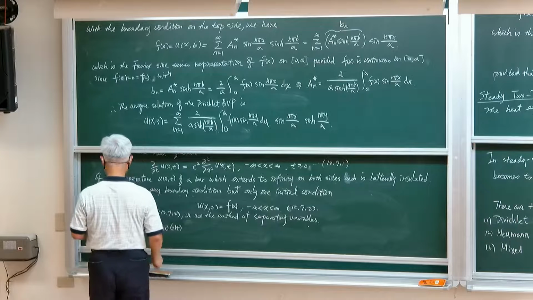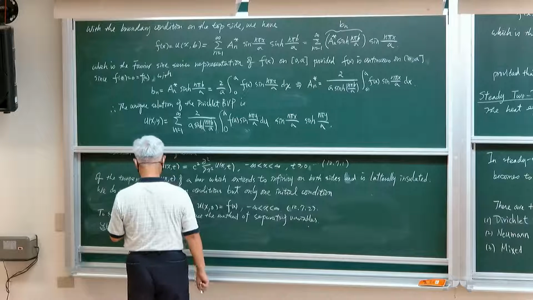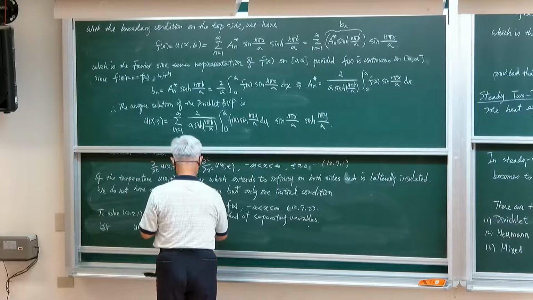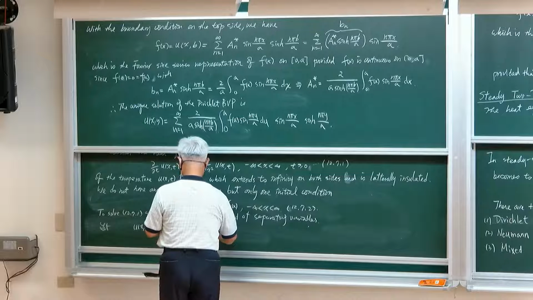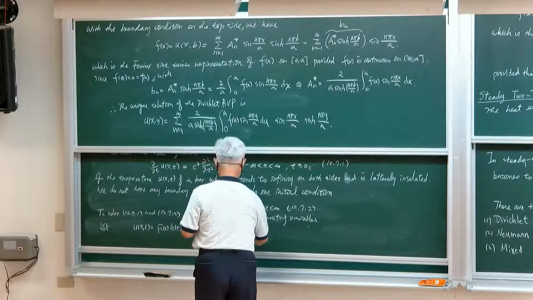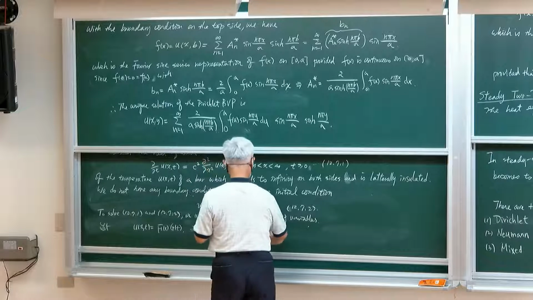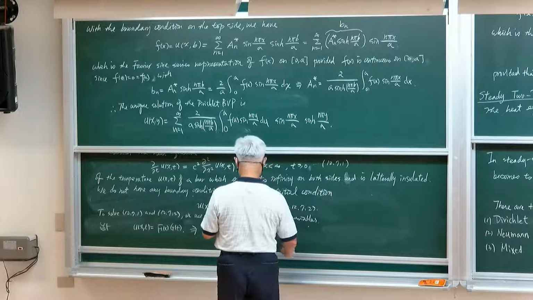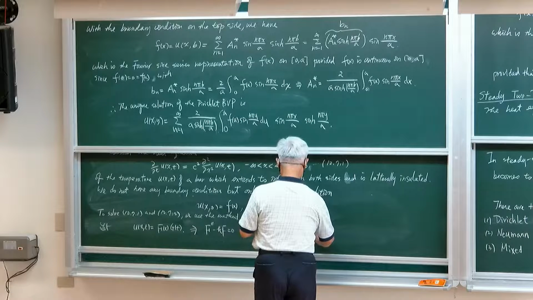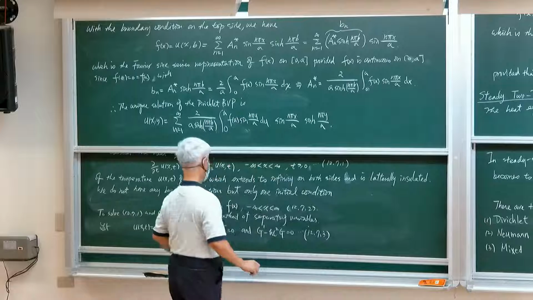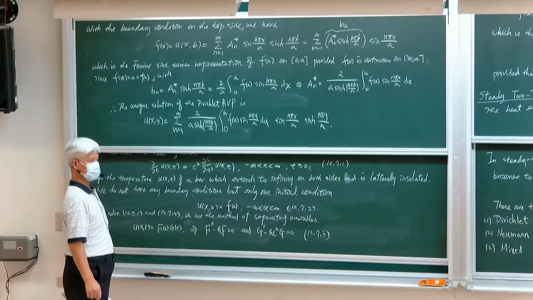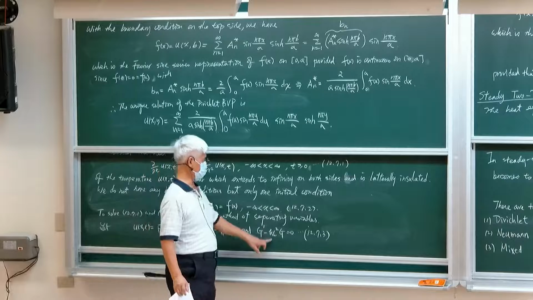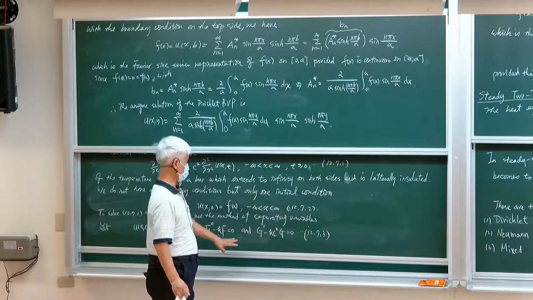This implies that we have F double prime minus k F equal to 0, and G prime minus k c squared G equal to 0. So we will have two ODEs, one second order and the other first order, as before.